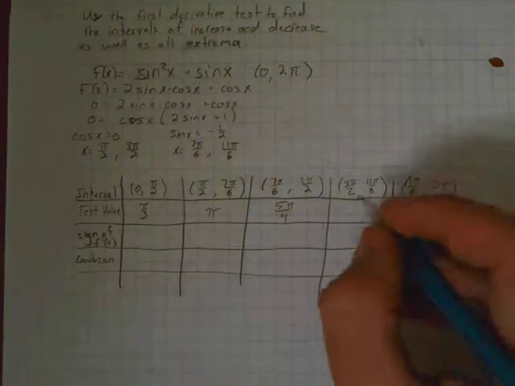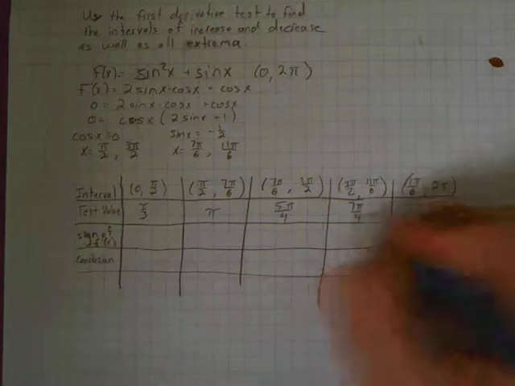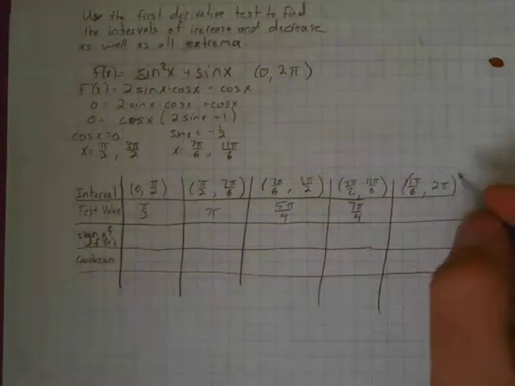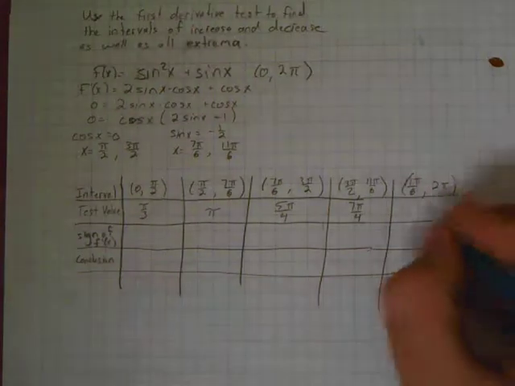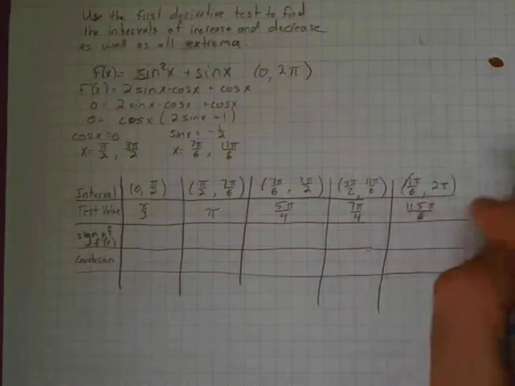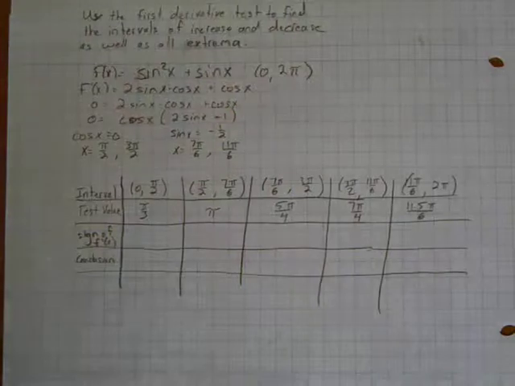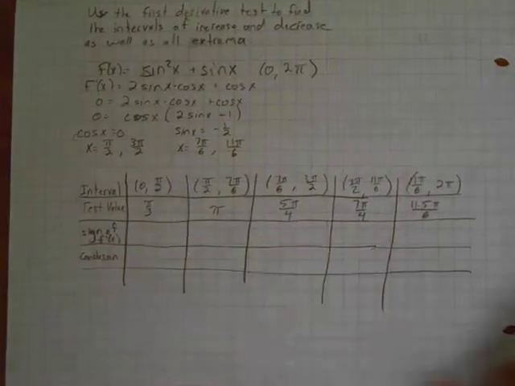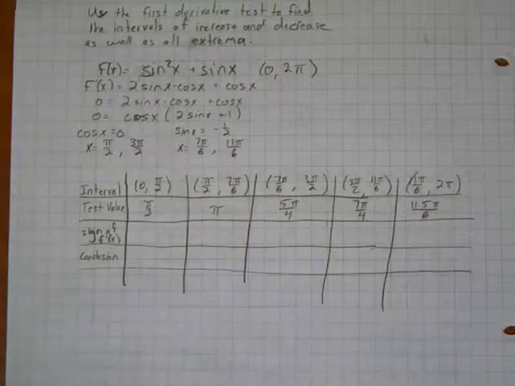Between 3 pi over 2 and 11 pi over 6 would be 7 pi over 4. And between 11 pi over 6 and 2 pi, well, there's no nice ones that we know off the unit circle for this, but I'll just say 11.5 pi over 6 would be a good test value. Okay, so what I want you to do is plug all these values into your derivative and see if it gives you a positive number or a negative number. I'm going to do the same. Let's reconvene in about 10 seconds.